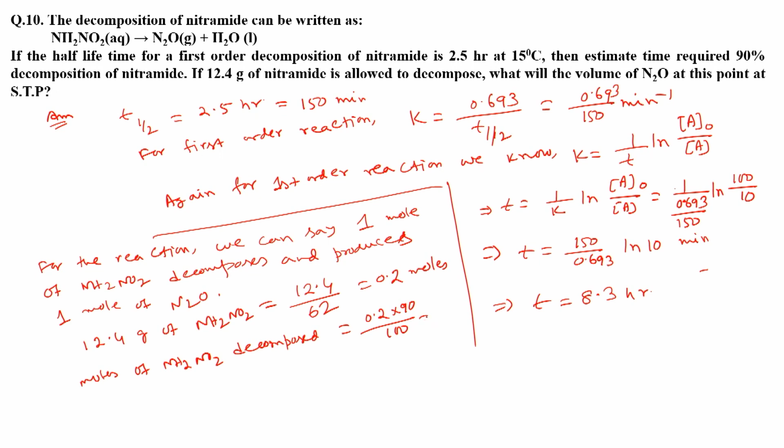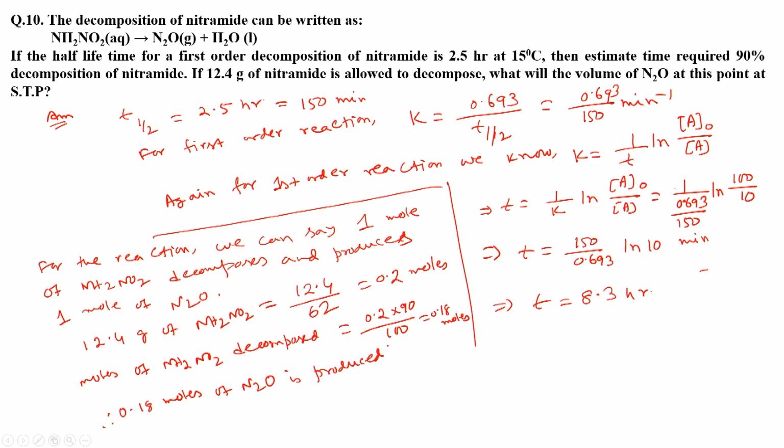Okay, so you get 0.18 moles. Since 0.18 moles of NH2NO2 decompose, 0.18 moles of N2O is produced, right?